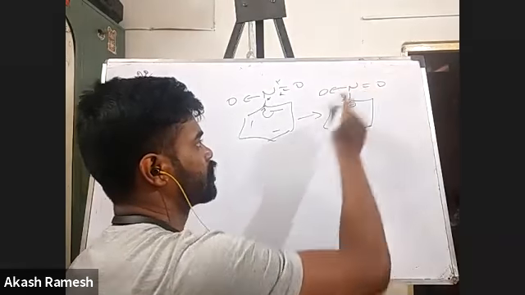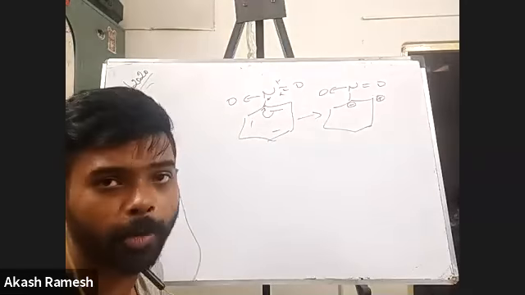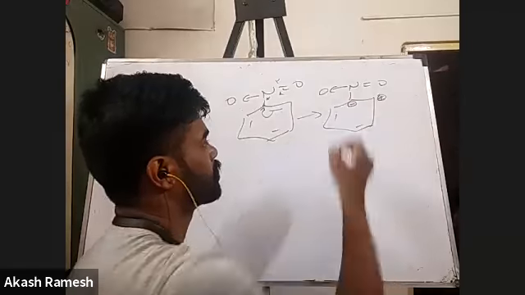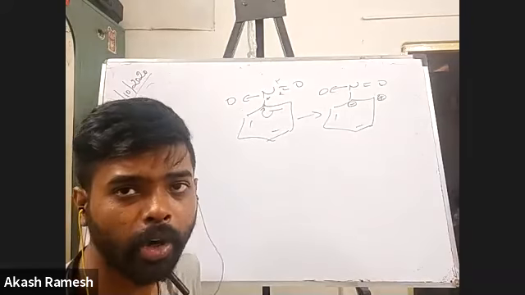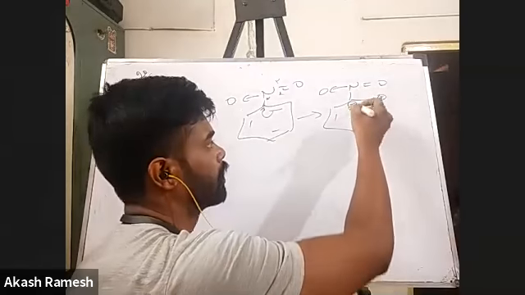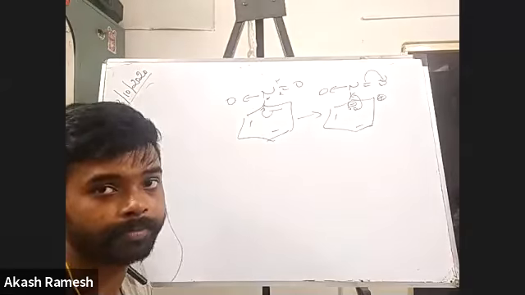Now I have a negative charge on this carbon atom, positive charge on this carbon atom. Hope you're able to see the positive and negative charges. Now next step, what would it be? Obviously there are 2 electrons here, so these will go here, and obviously this bond has to break.